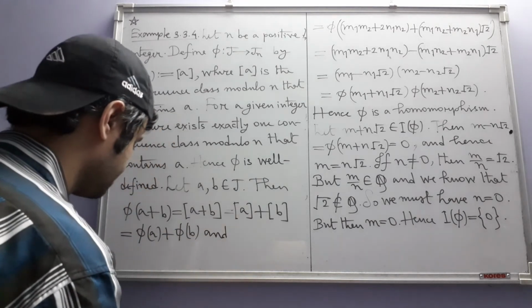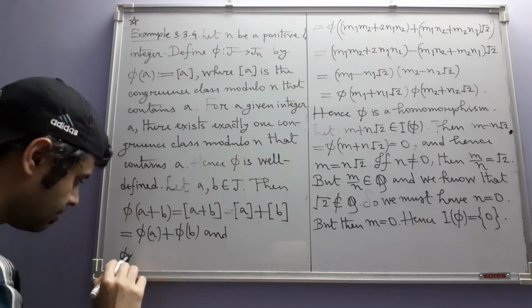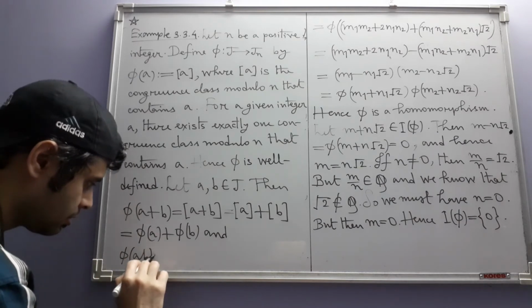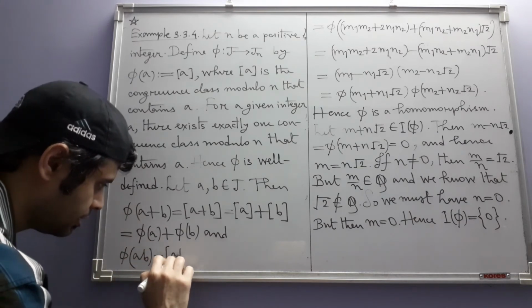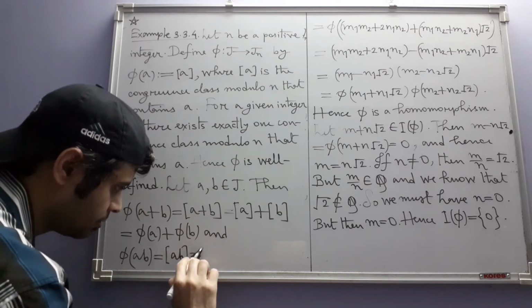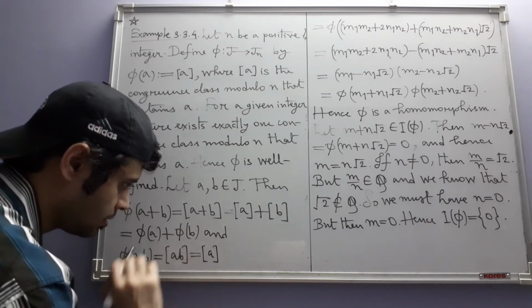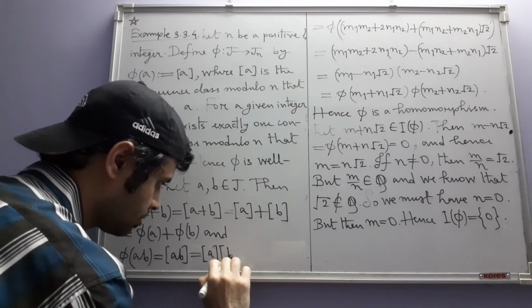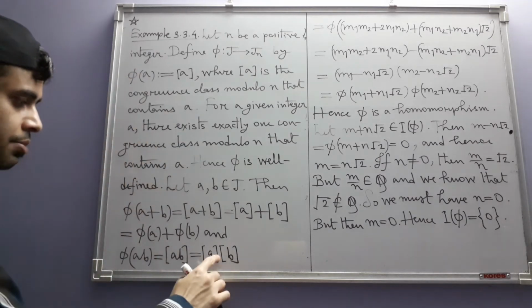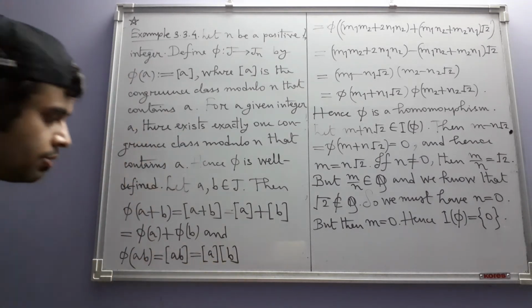And just like that, phi of ab is the congruence class containing the integer ab, which is nothing but this, and this multiplication is multiplication modulo n.